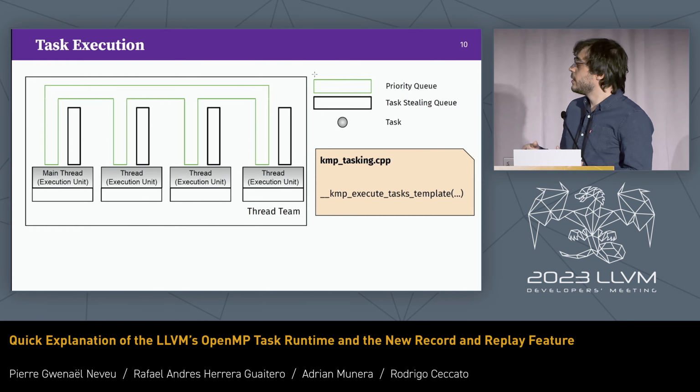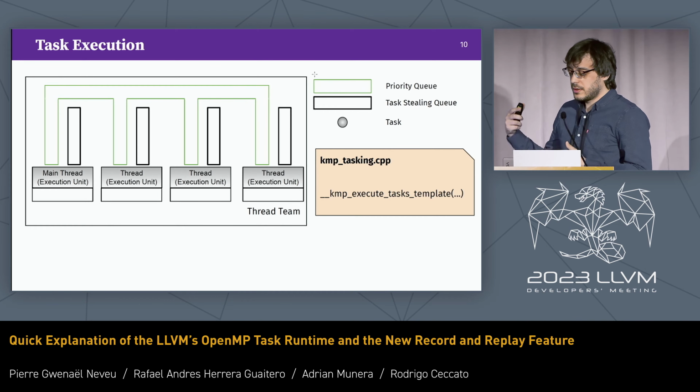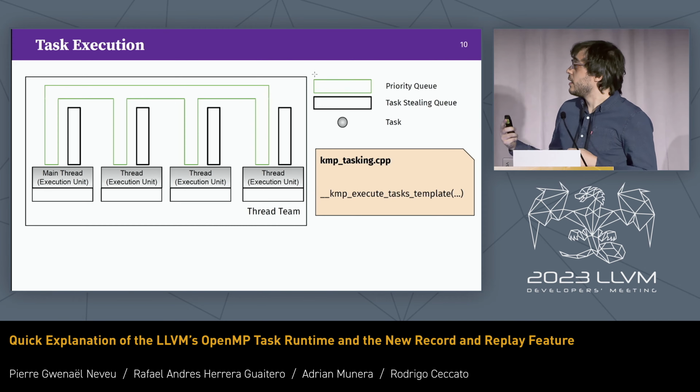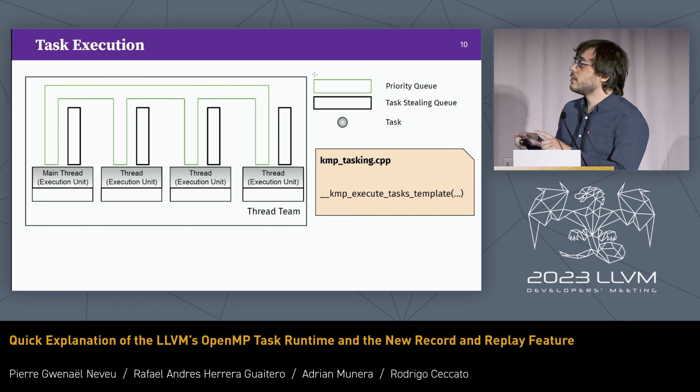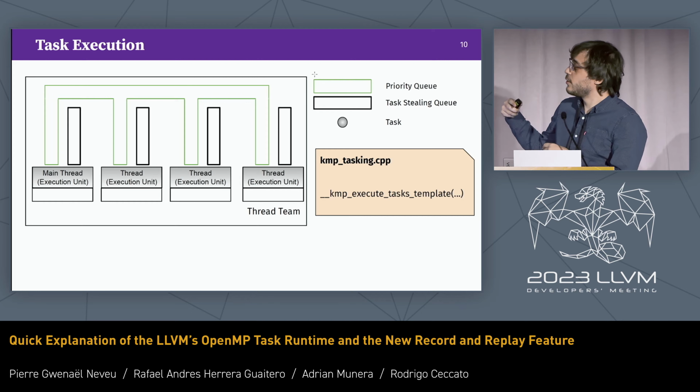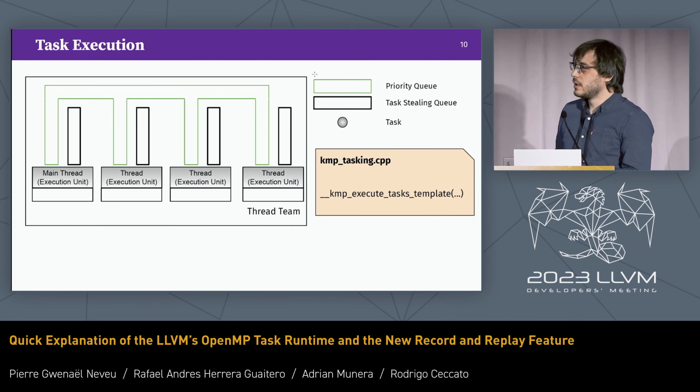To be a bit more precise, I will describe more or less the __kmp_execute_task function. Here I represented a team of threads, the priority queue that is common to the whole team, and another queue that is specific to each thread.